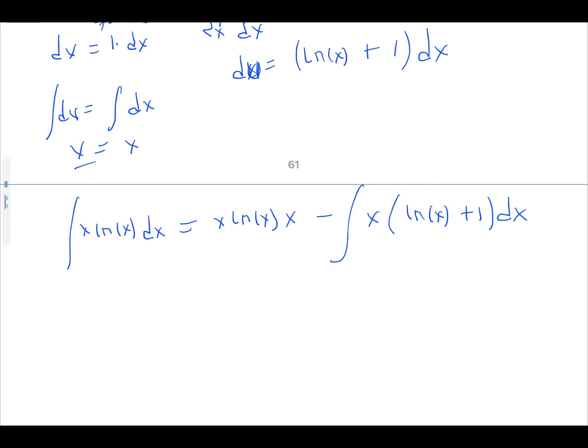From here, we need to further integrate this one. When we simplify, what we get is the integral of x ln x plus x dx, because I multiplied x through to open the brackets.